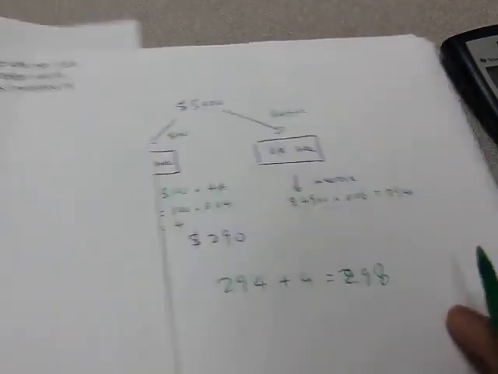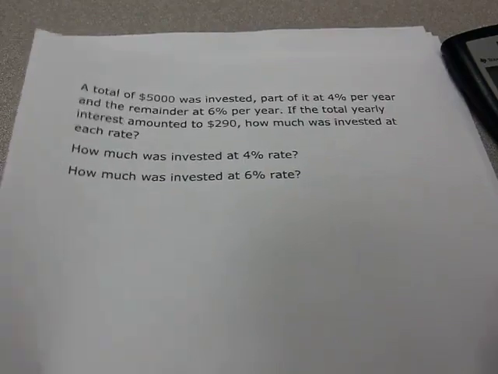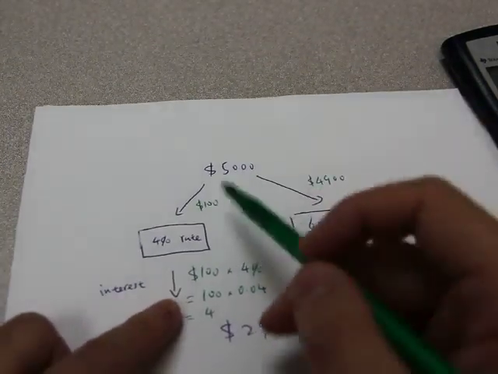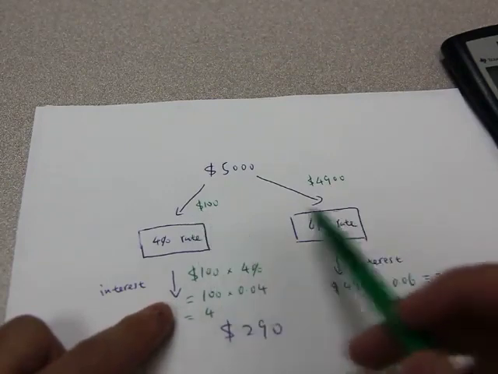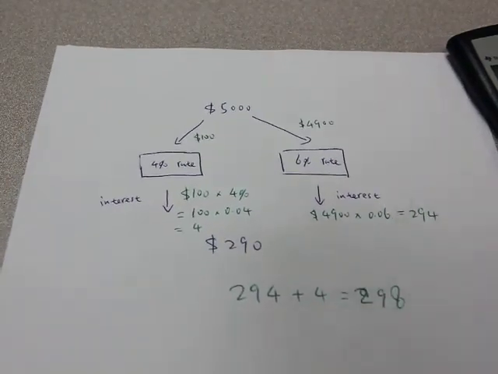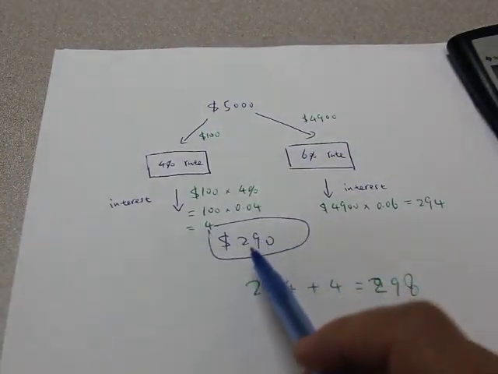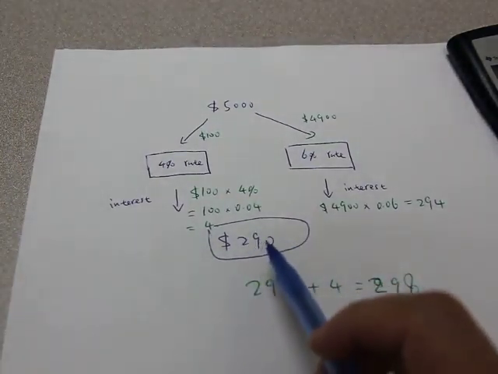Now, however, here what we know is we don't know how much was invested into each account, right? But what we know is after 1 year, the total amount of the interest is 290.